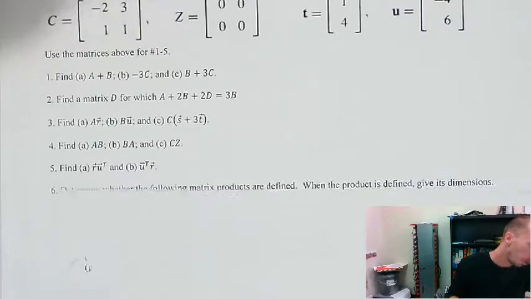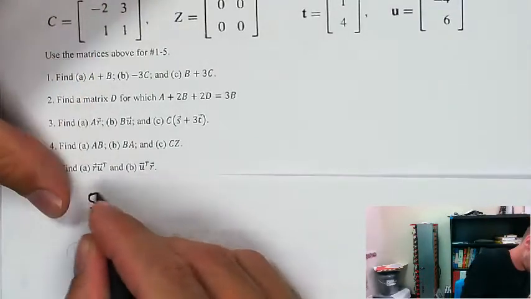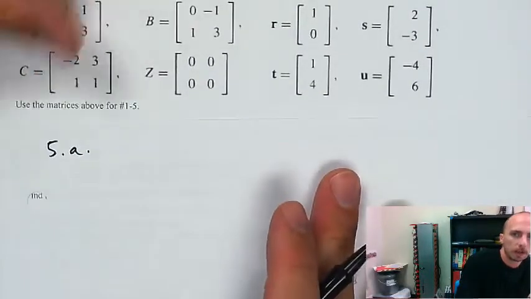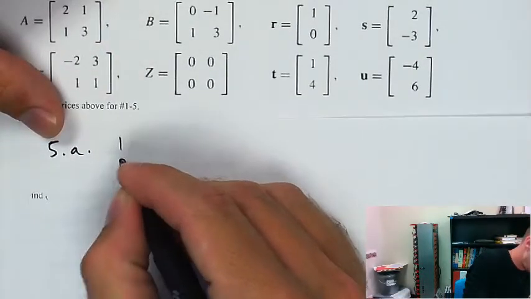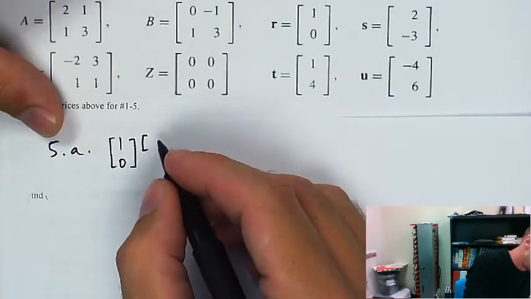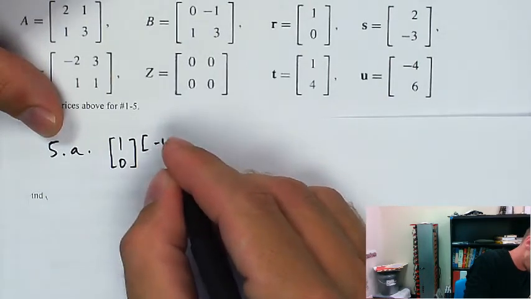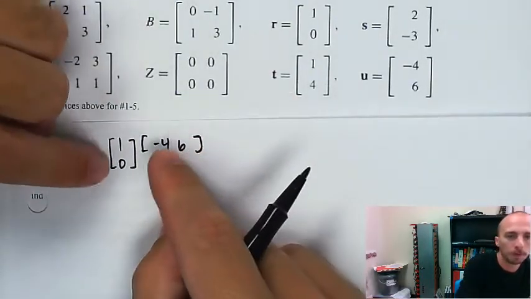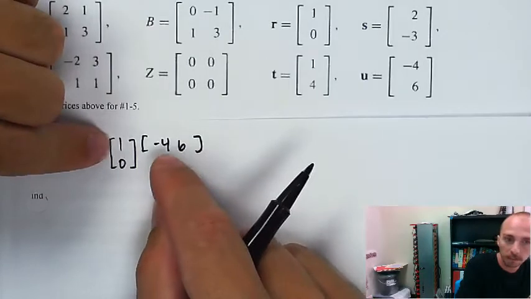Number 5, I'm going to name a new sheet. R times U transpose, that's going to be 1, 0, multiplying on U transpose, which is negative 4 and 6 going to the right. Now this is a little tough, but first row by first column is negative 4.